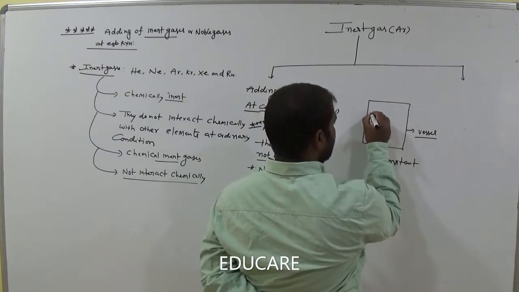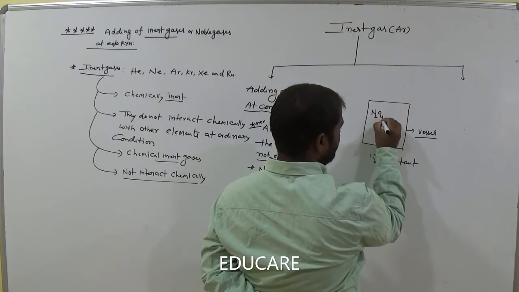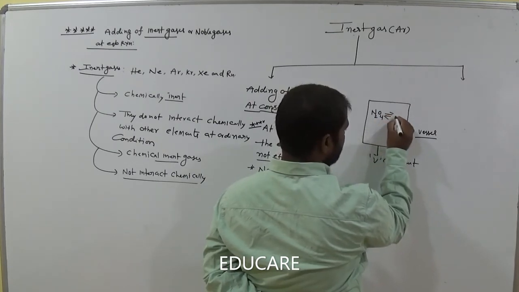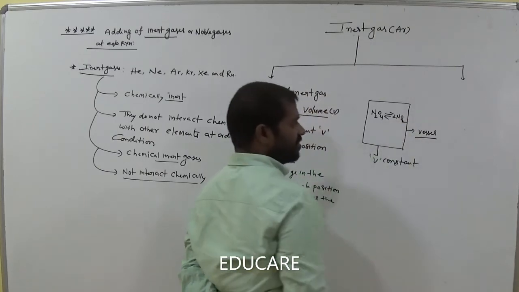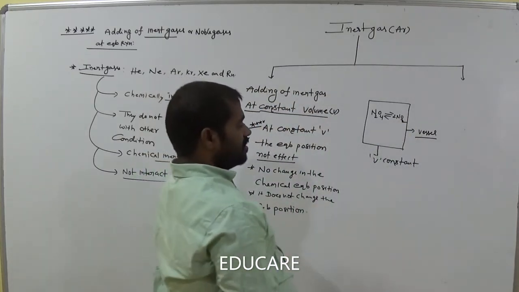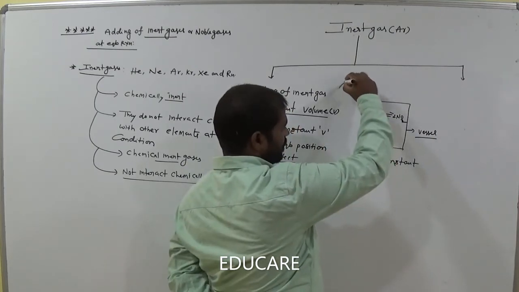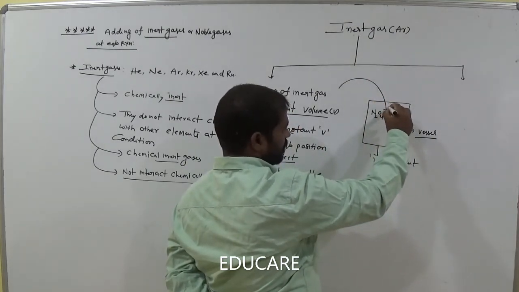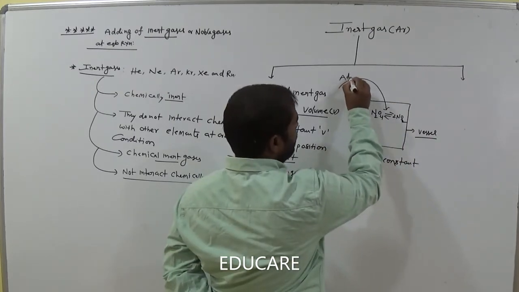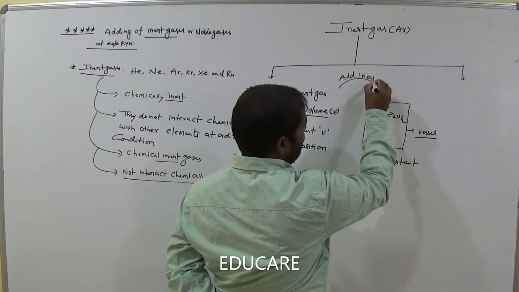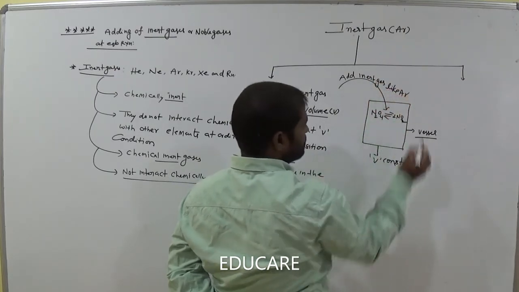Now the reaction is, suppose, N2O4 reversible to NO2. Volume is constant. Now we add some inert gas, like argon, suppose.